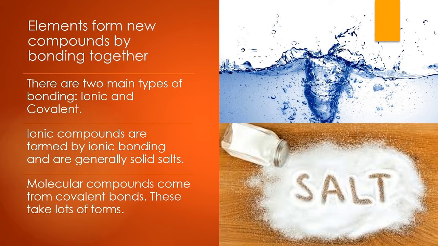The other type is ionic bonding, where you have a positive ion and a negative ion, bonded together through the electromagnetic force of their charges. Those tend to create salts, while covalent bonds can create all sorts of different stuff. Water, for instance, is a good example of a covalently bonded molecule.